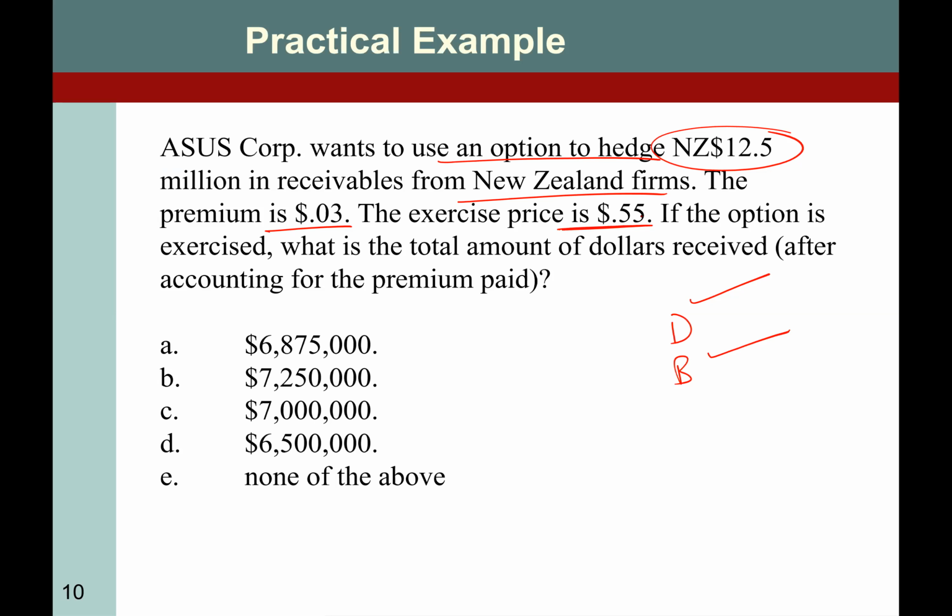If the option is exercised, what is the total amount of dollars received? Right? So first of all, they want to hedge it, right? And they enter into the option. So first of all, how many dollars will they receive? Multiply by 0.55. What is the answer here?